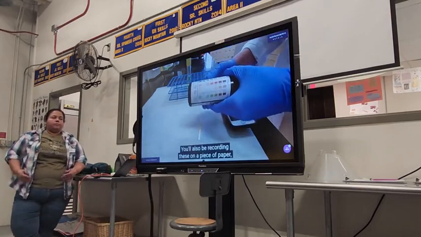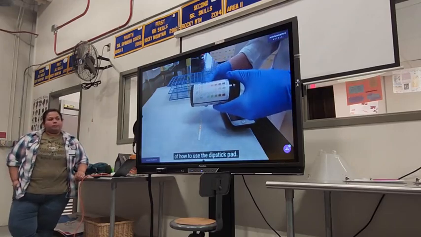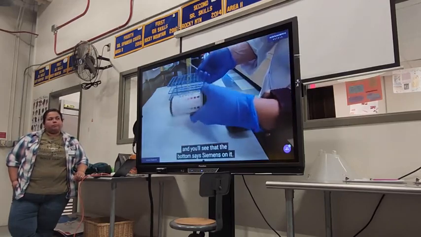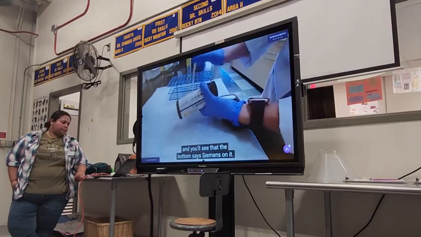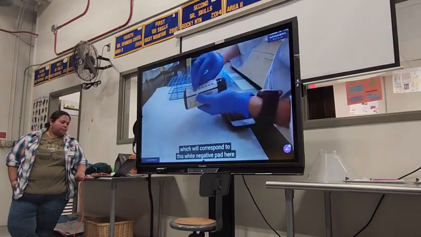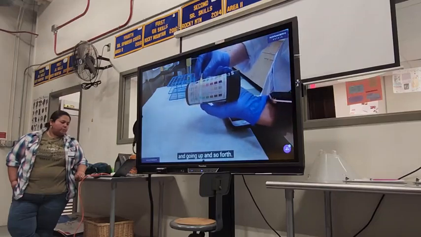You'll also be reporting these on a piece of paper, which is not shown here. This is only a demonstration of how to use the dipstick pad. So you'll take your dipstick pad, and you'll see that the bottom says Siemens on it. That's the bottom of the pad, which will correspond to this white negative pad here, and going up and so forth.